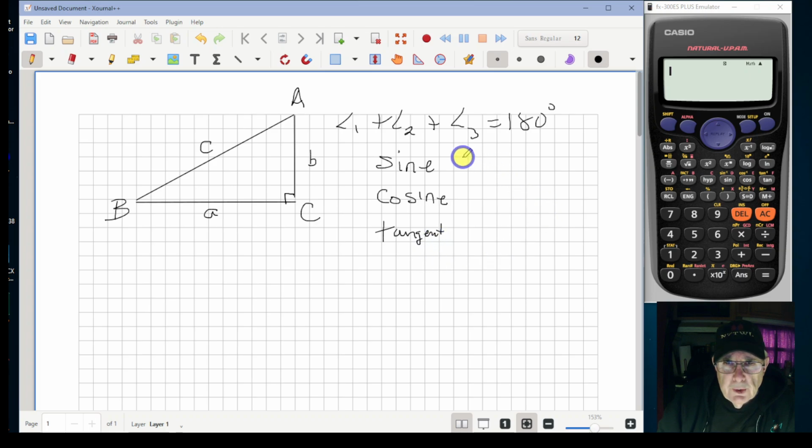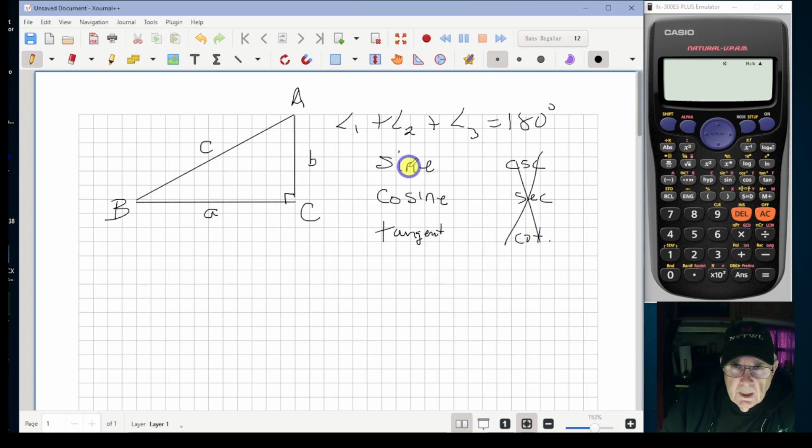There are three others that are the inverses of these: the cosecant, the secant, and the cotangent. We're not going to be dealing with those. Any of the other functions can be created from these, but we're not going to worry about them. We're pretty much only going to be concerned about the sine and perhaps the cosine.